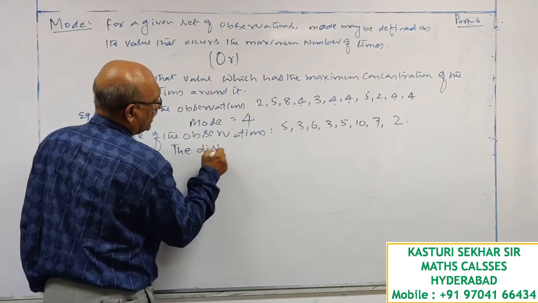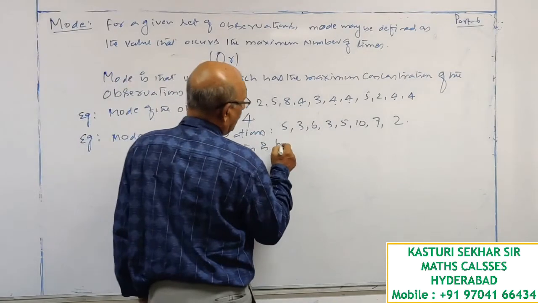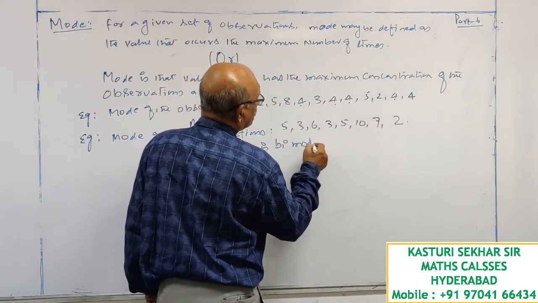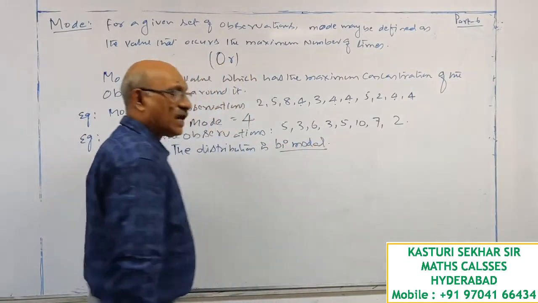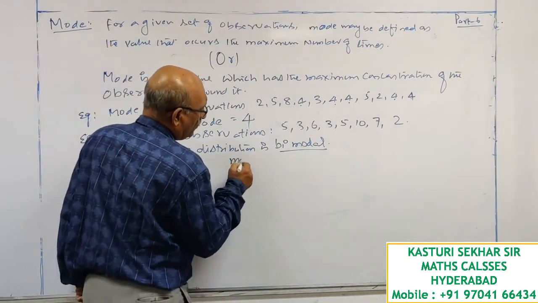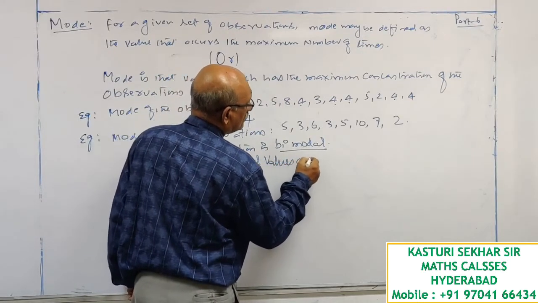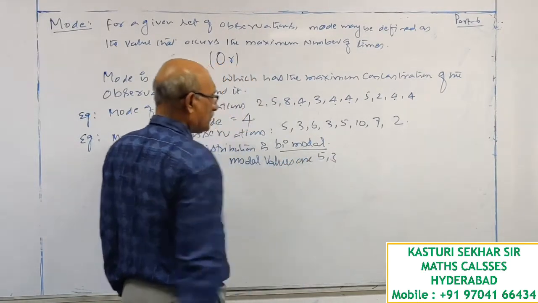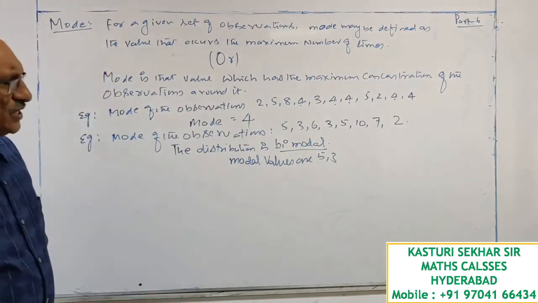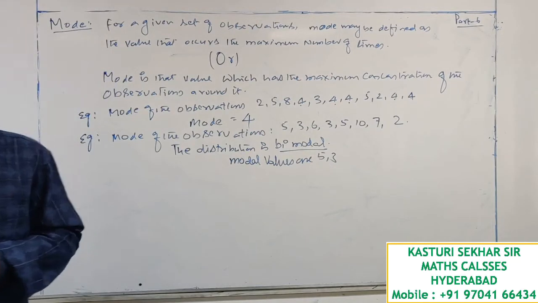The distribution is bimodal. Bimodal means there are 2 modes for the given distribution. Modal values are 5, 3.